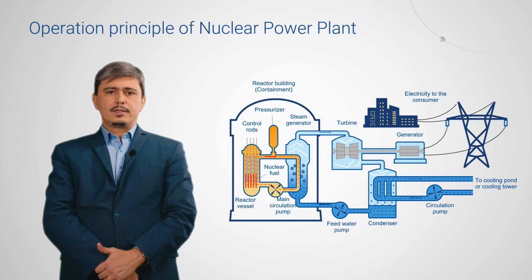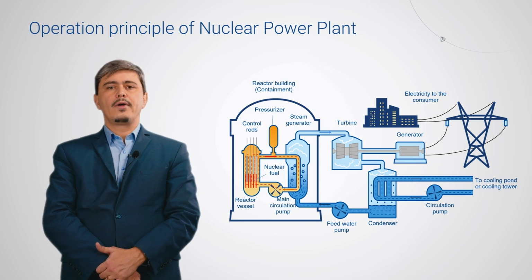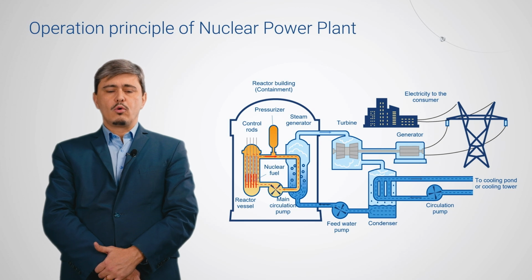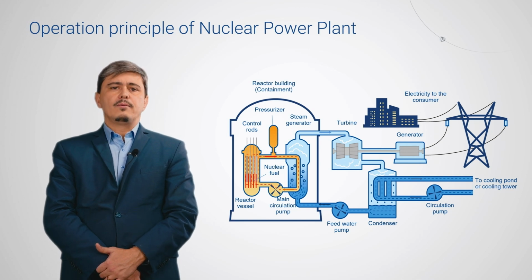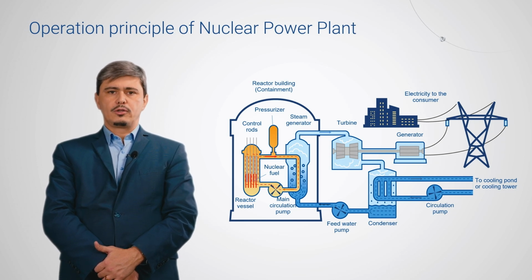But for a nuclear power plant, we use nuclear energy. So we should use some nuclear fuel in the core of the nuclear reactor, and from this fuel we can get thermal energy. So at the basis of this process, we should talk about the nuclear fission reaction.